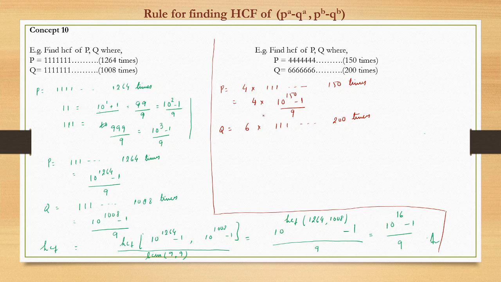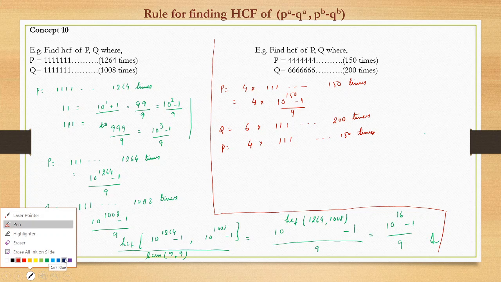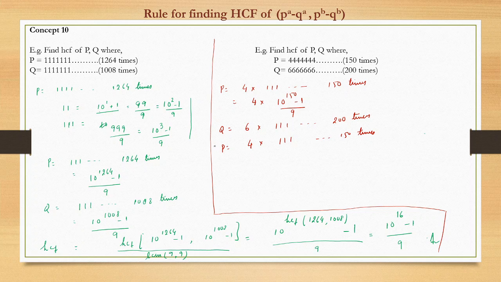For the HCF, the common factor between 6 and 4 is 2, right?